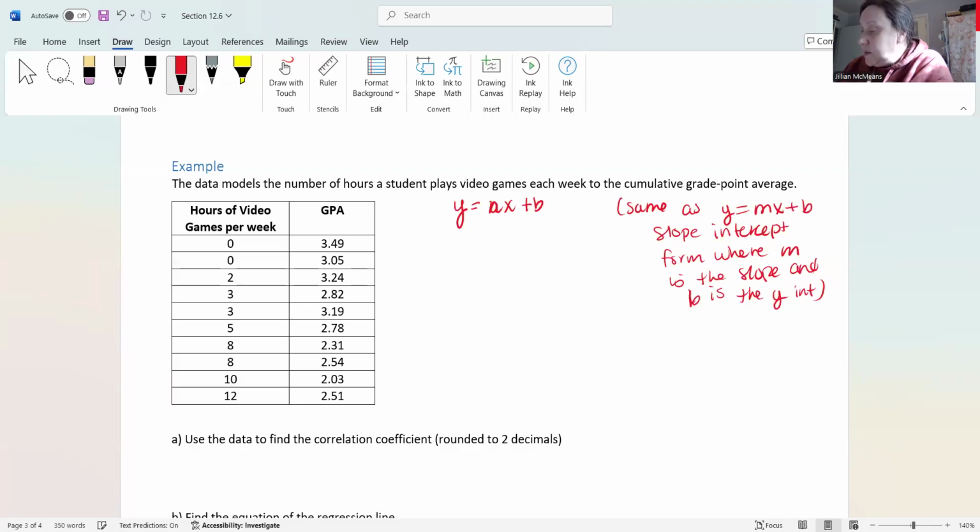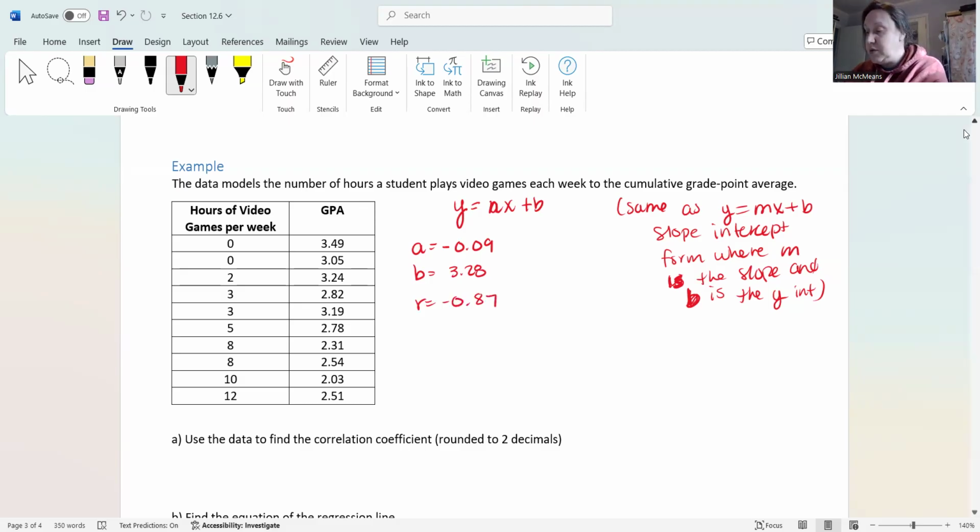And that is a b, not a 6. So basically we have the same thing here. They're just using a instead of m. And then we're told that a is negative 0.09 if we round to 2 decimal places. Okay. B was 3.28 if we round to 2 decimal places. And then R we got as negative 0.87.